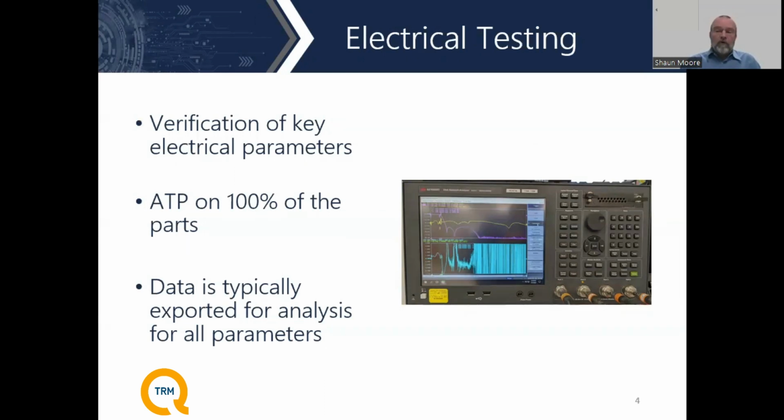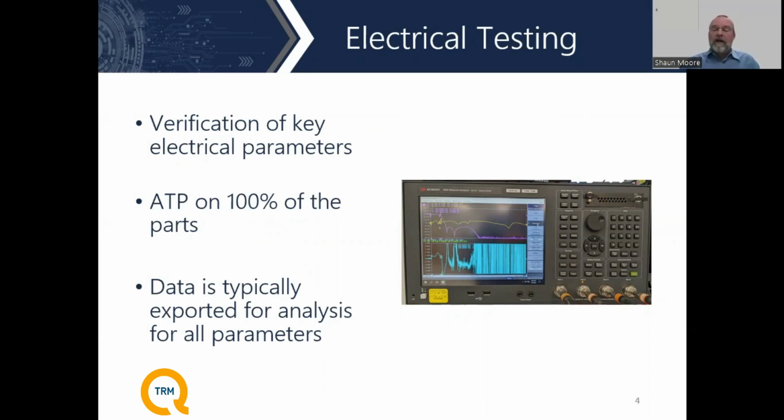TRM tests these parameters 100%. And what we then do is we record the data off of the analyzer, and this is the data that we can then manipulate to determine whether or not it meets all of the requirements, whether it be tracking requirements or phase matching requirements.